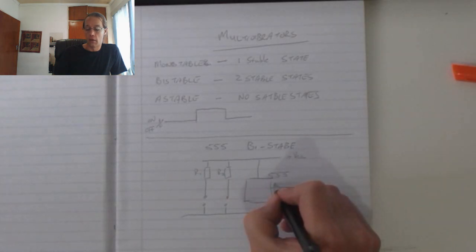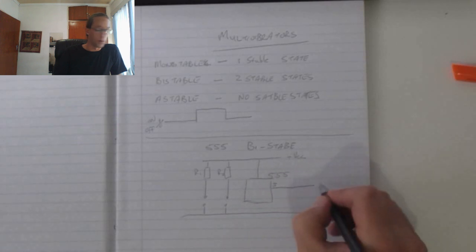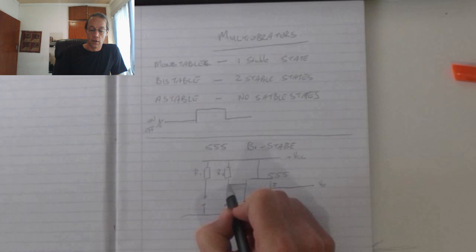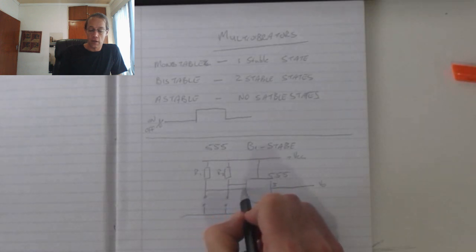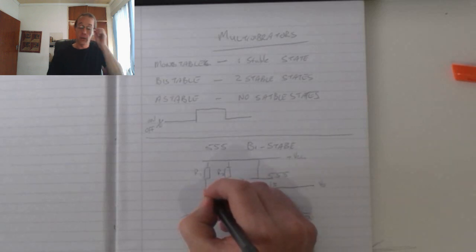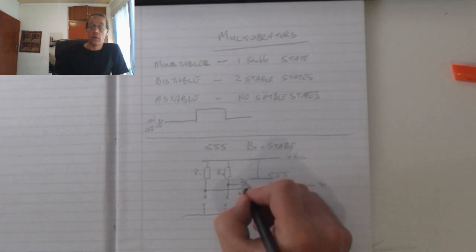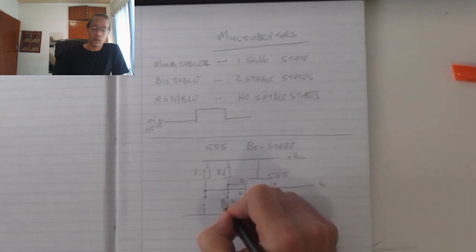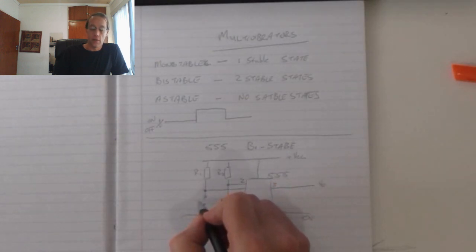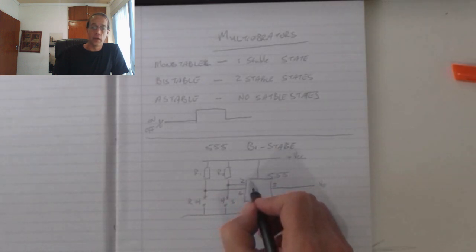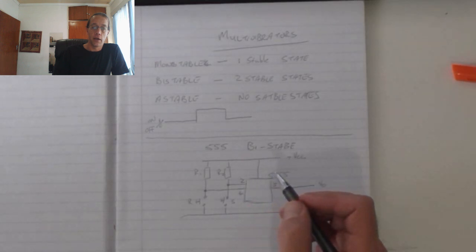Now pin 3 is my output, and then I'm going to connect pin 2 and pin 4 onto these two. Now pin 2 is going to be my set switch, and pin 4 is going to be my reset switch, because pin 4 is my reset and pin 2 is my trigger.